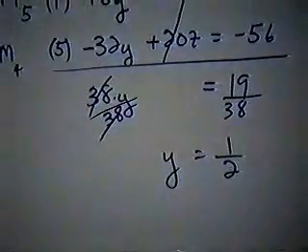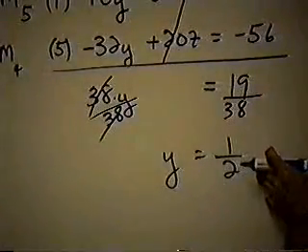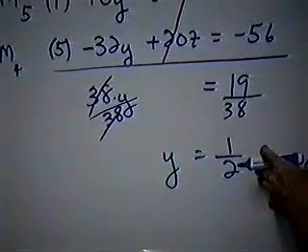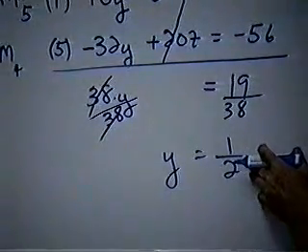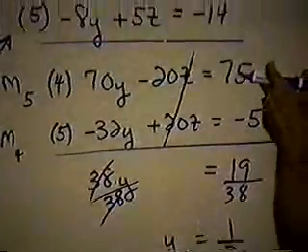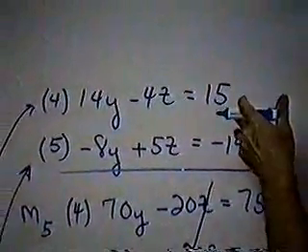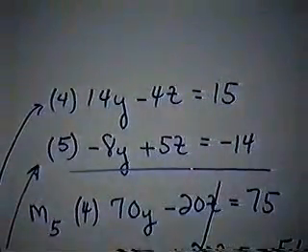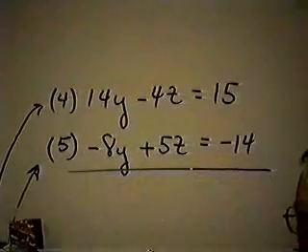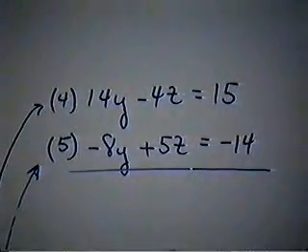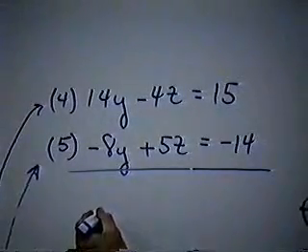All right, now, that's one of the 3 letters. To find the other 2 letters, we will take this value for y and go back and plug it into equation 4 or 5. So let's say we take equation 5.